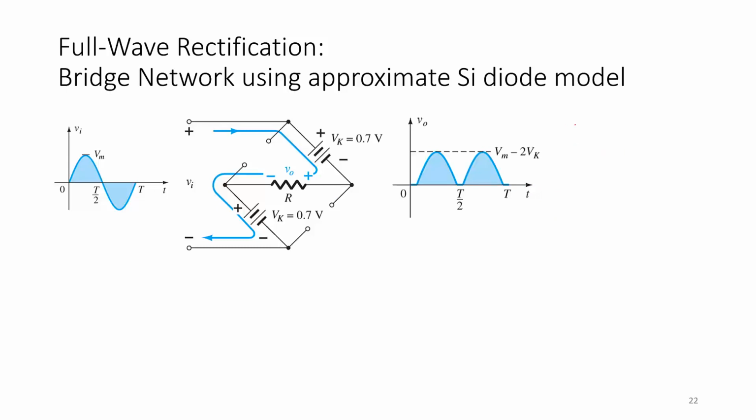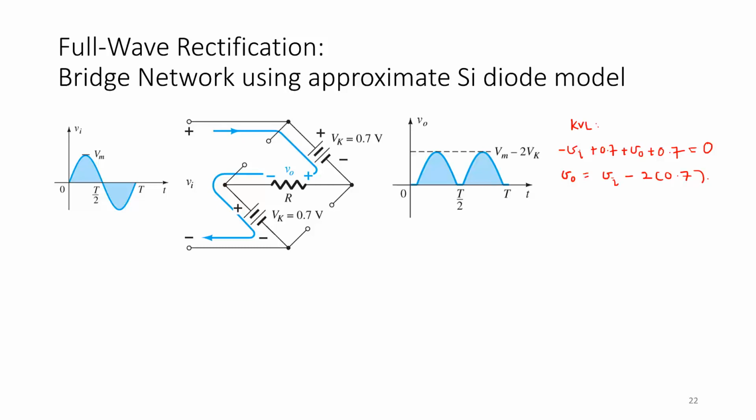If I do a KVL, I get minus Vin plus 0.7 plus Vout plus 0.7 equals 0. So Vout is going to be equal to Vin minus twice 0.7.